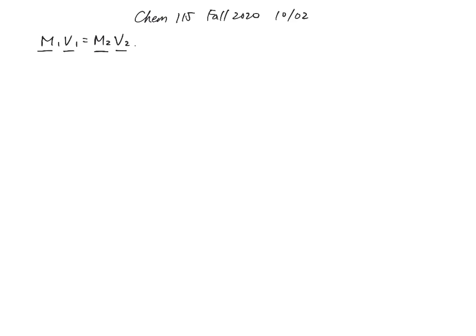This is based on the fact that when you add water to a solution, the amount of solute never changes. M1V1 and M2V2 both give you the number of moles of solute inside the solution.